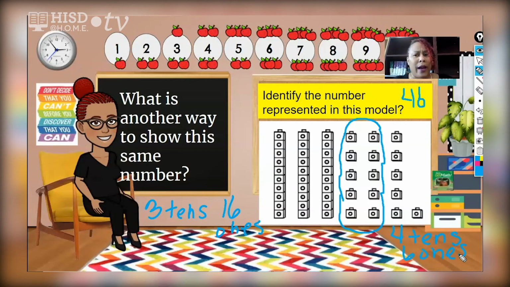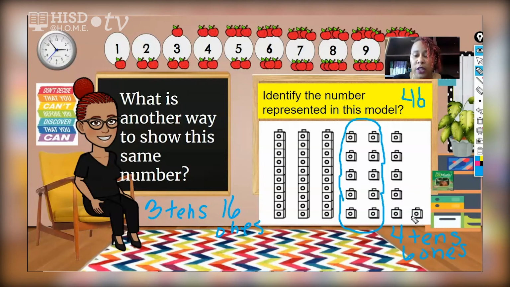Let's double count it to make sure. 10, 20, 30, 40, 41, 42, 43, 44, 45, 46. So one way that we showed the number 46 was 3 tens and 16 ones.